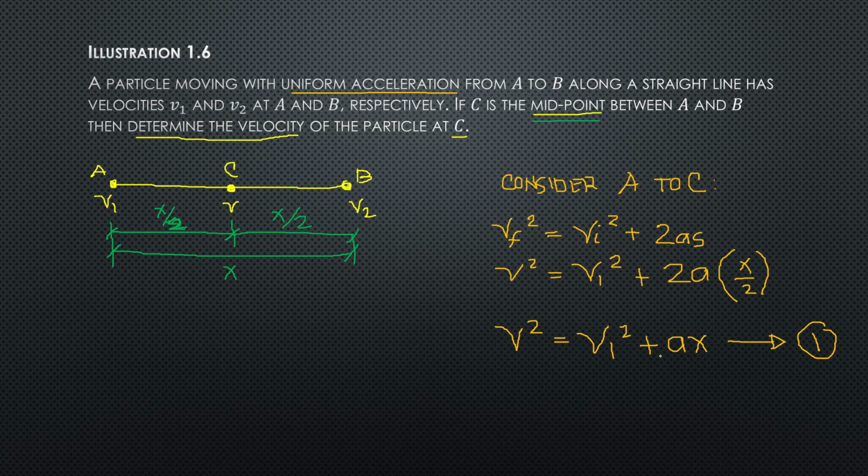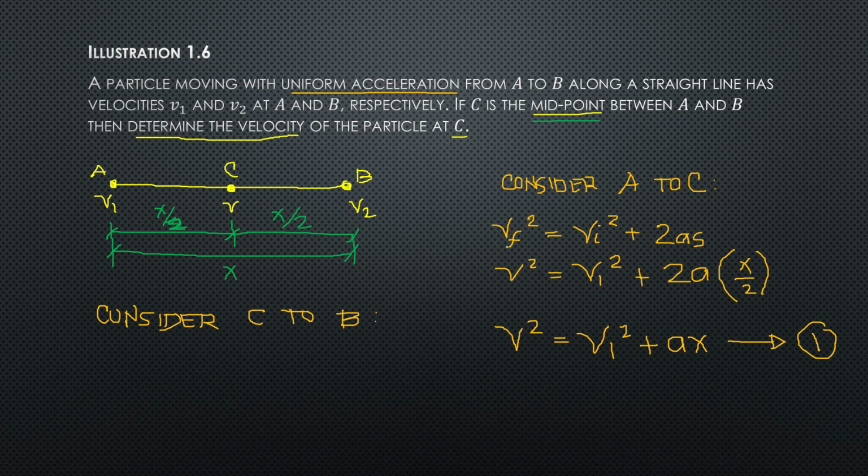Now I will consider motion from C to B, because the motion of the particle is from point A going to B. So I'll consider C to B. The initial velocity now becomes v and the final velocity is v2.